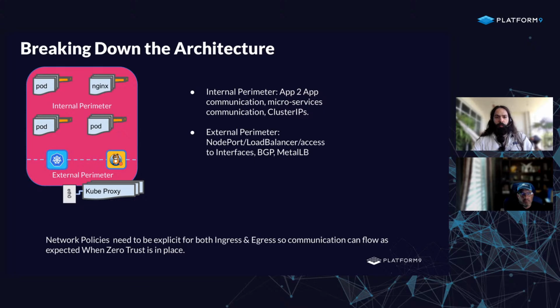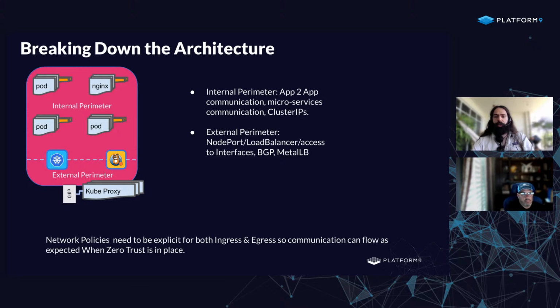We're going to start breaking down the architecture more and more. On the left side, you're going to see the representation of a worker with some pods and applications. But we have something interesting here, which we're defining as external perimeter and internal perimeter.